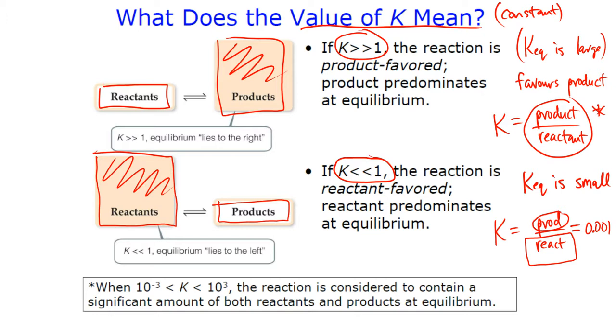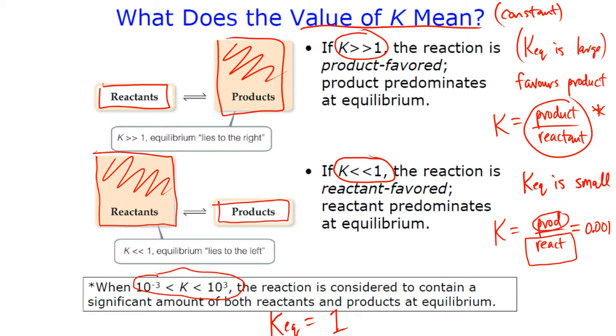So it helps us understand the direction in which this balance is lying. When we have KEQ values that are between these very large or very small numbers, then really we just have a lot of both. So think about, what does a KEQ value of exactly 1 tell you?